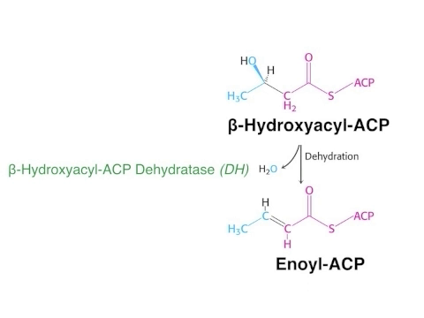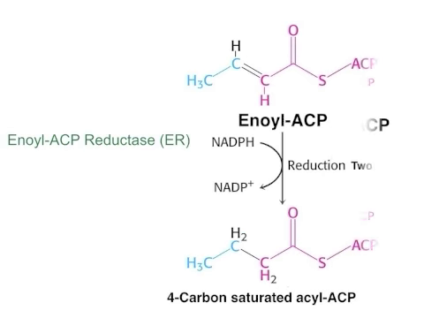Then comes a dehydration to introduce a double bond. This happens through the action of the beta-hydroxyacyl ACP dehydratase. We're going from beta-hydroxyacyl ACP to an enoyl ACP with a double bond between carbon number 2 and 3. Then comes the second reduction to get rid of that double bond and to have a 4-carbon saturated acyl ACP result.